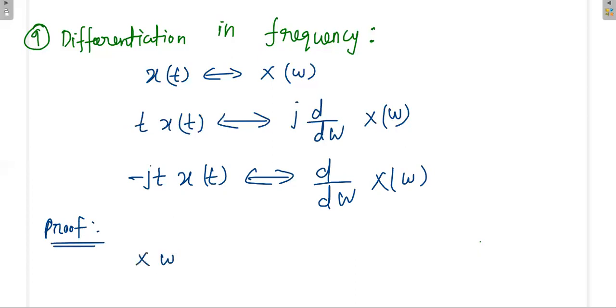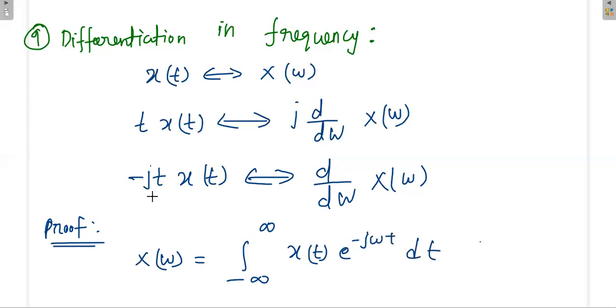The Fourier transform of the given signal is x of omega, that is integration from minus infinity to plus infinity x of t e power minus j omega t dt. Then once we introduce differentiation in the frequency domain, what happens to the time domain signal?